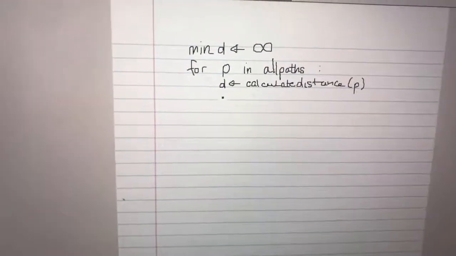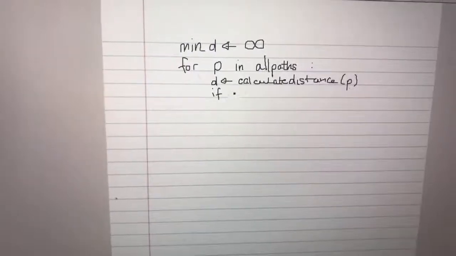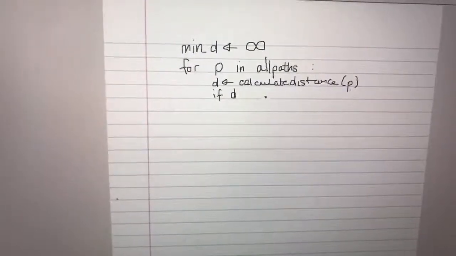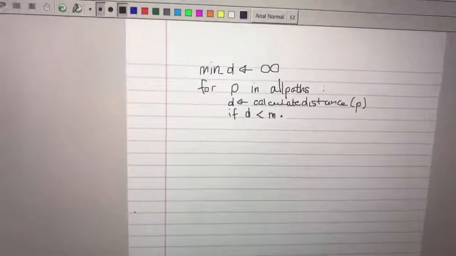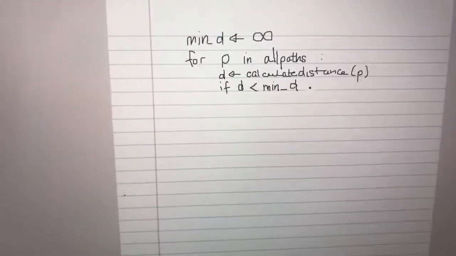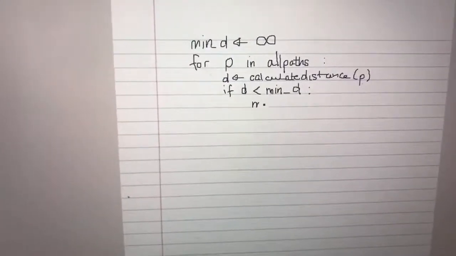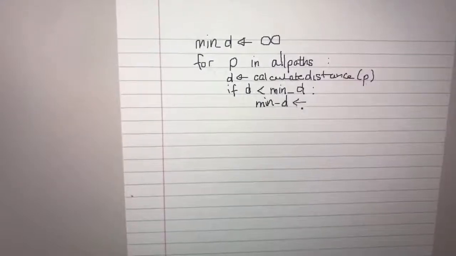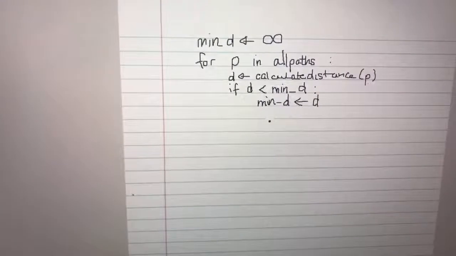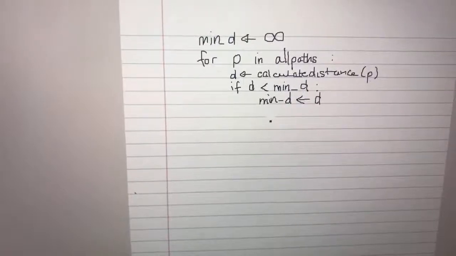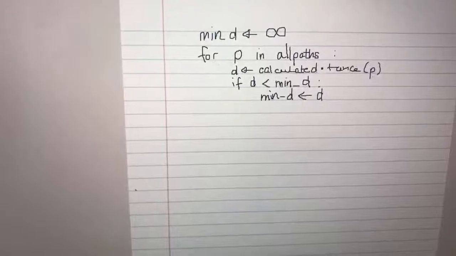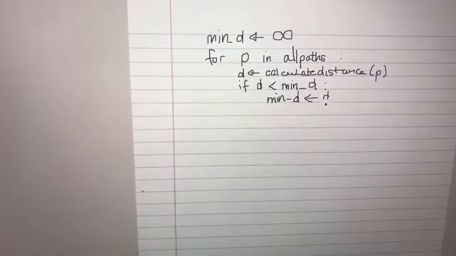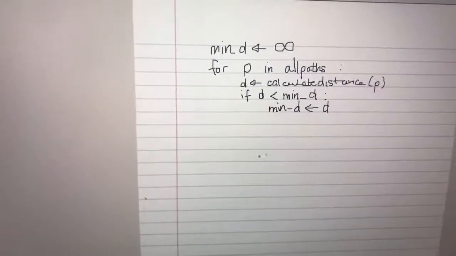And then we'll say if our value d here, the distance going around this particular circuit, is less than whatever we've currently got in the minimum distance, then we will update the minimum distance to be this. So we'll just go through all of the possible circuits. For each one, we calculate the distance, we compare it to whatever our best value is so far, and if it's better, then we keep it. If it's not better, we throw it away.